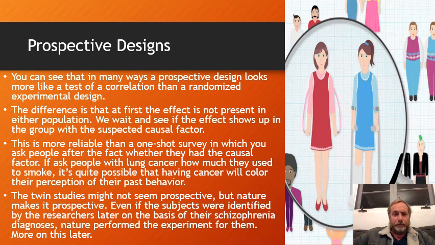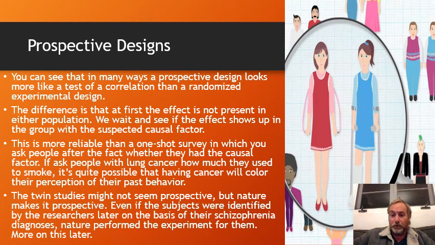So, okay, you can see, in a way, a prospective design looks a little bit more like a test of a correlation than it does a randomized experimental design, right? But here's the difference. In a prospective design, at the beginning the effect is not present yet.